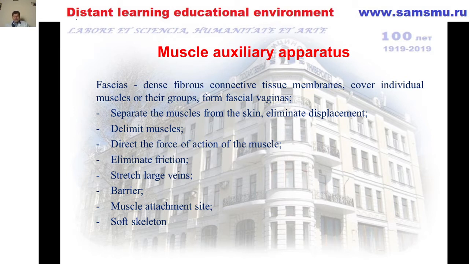In some places, its own fascia forms processes between muscle groups, intermuscular septa, which penetrate deep into the bone together with the periosteum. Therefore, there are two types of muscle sheaths, fascial and osteofascial, formed by fascia and bones. In some muscles, for example, in the gluteus maximus, the fascia has lamellar processes that penetrate between the individual bundles.